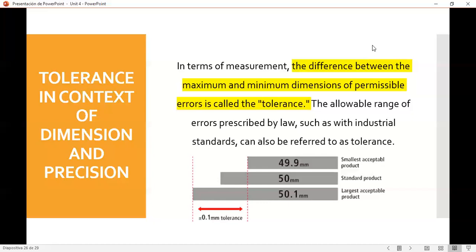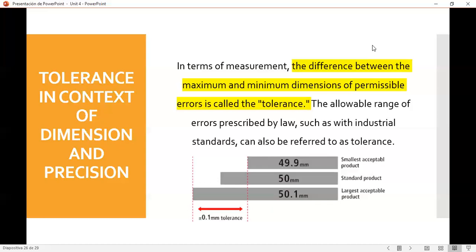All my production, the manufacturing devices, need to have a 50 millimeter dimension, not more. But I have tolerance. What's my tolerance? Plus or minus 0.1 millimeter.